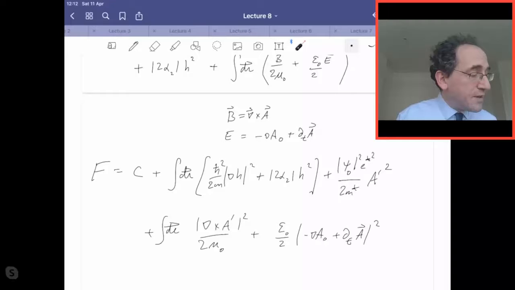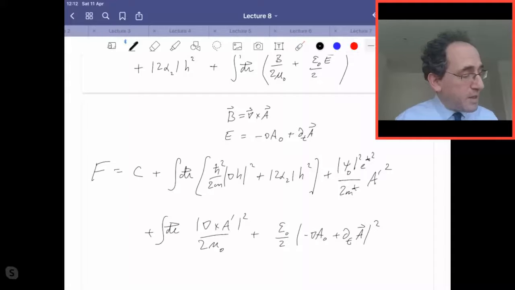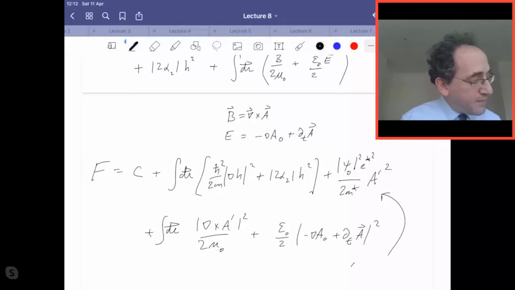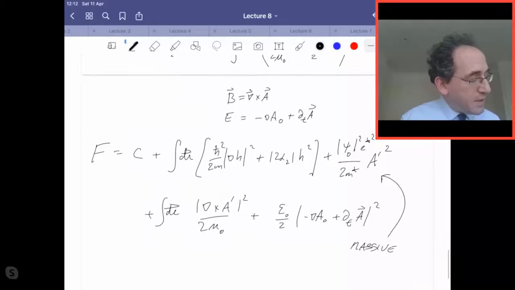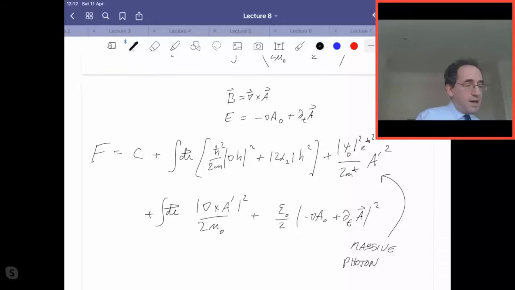Now, more interesting for us is this A prime squared term. This is a gap for the photon, or a mass for the photon. So let me just label this term here. This is massive photon. Let me try to explain why this term is a mass for the photon.